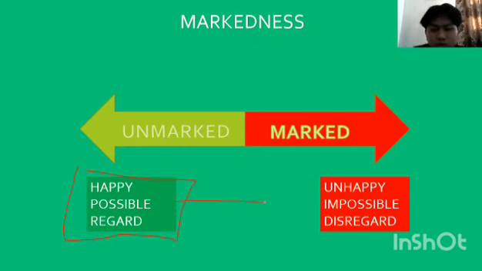For example, as on the right side, unhappy and impossible. This one is marked. The example adds the prefix un or im in front of the word, like happy, unhappy, which has a different meaning.